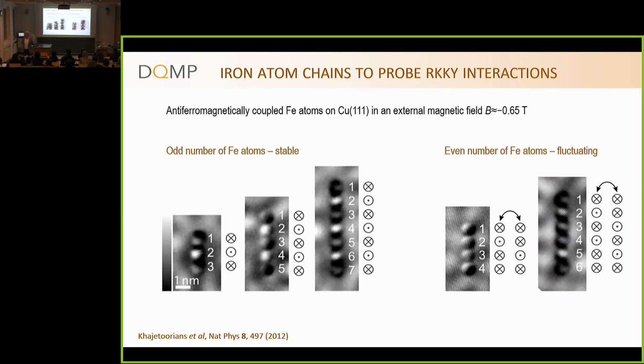So the tunneling here is not only sensitive to the charges in the sample or in the atoms, but also to the spin orientation of the electrons that do the tunneling. And so the odd number is stable in these configurations, and the even number is fluctuating. Again, that's something quite amazing to be able to see directly in real space. And you can change it by removing an atom, adding one more, and so on.